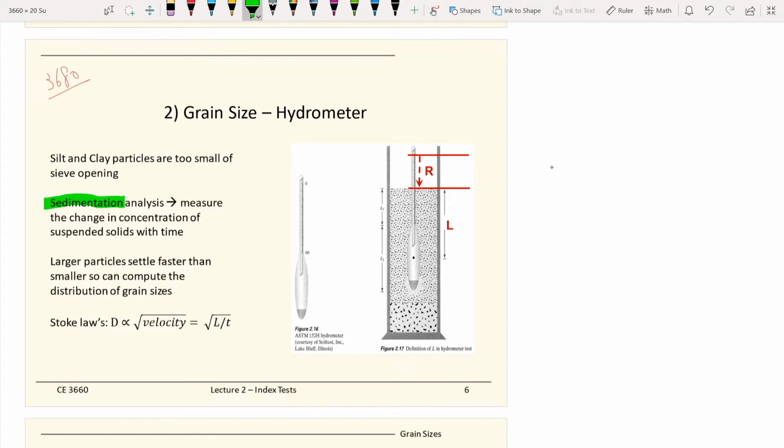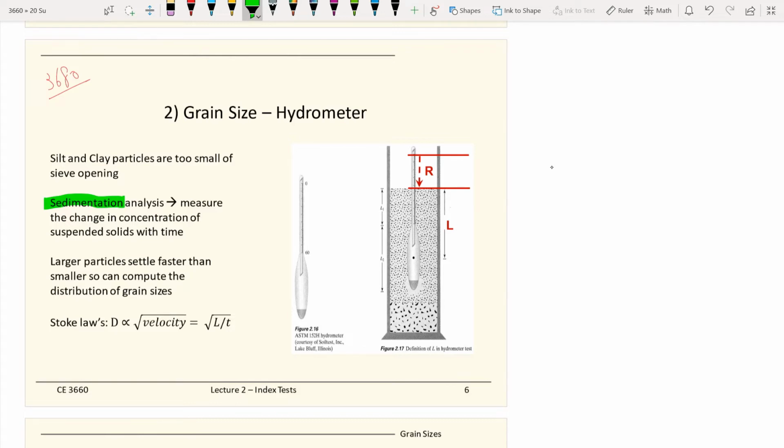In this soil-water mixture, when the particles settle during the sedimentation process, you will create a falling velocity.